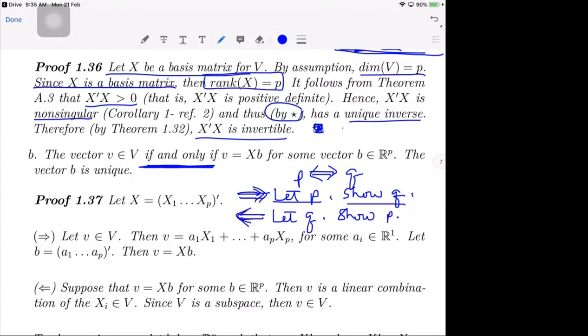So let v be in V, a vector in your subspace V, if and only if you can write v in this form, v = Xβ, for some vector b in R^p. And this b here is unique.